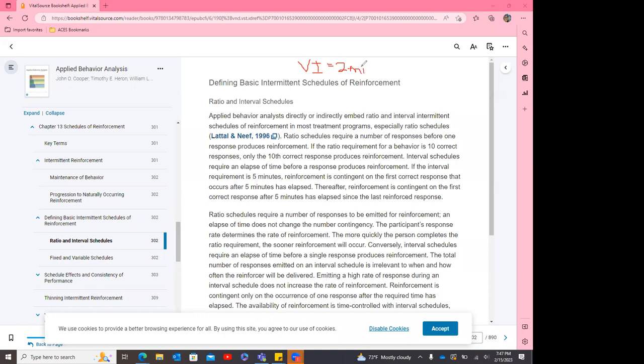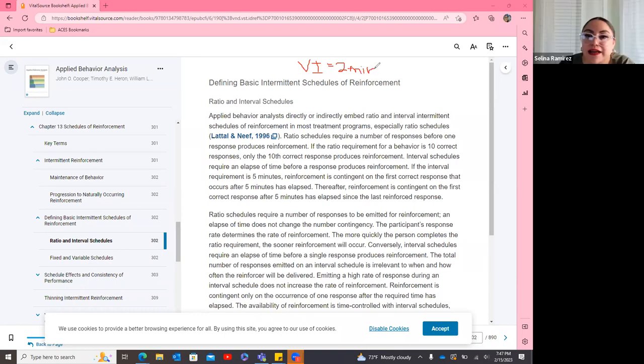What that means is that I have to vary up the reinforcement, so she's not always going to get reinforcement after every 2 minutes. You want to stay on an average of 2. So what I tell my technicians is, in order to remain on an average of 2, you can do 1, 2, or 3, but you're going to change it up.